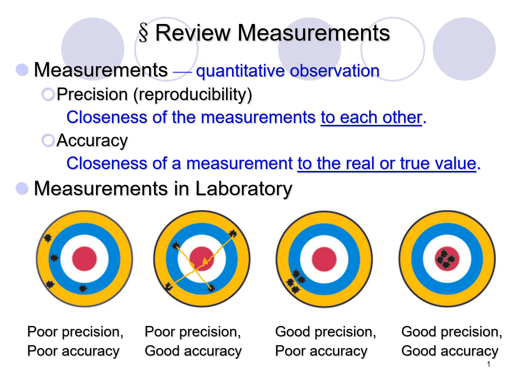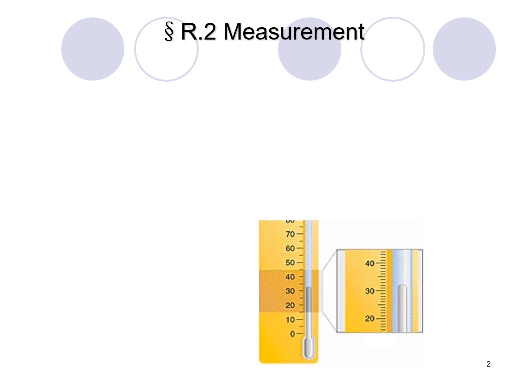Okay, the last two are the ones I want you guys to focus on a little bit, because good precision does not necessarily mean that we will have a good accuracy. This is something that I want you guys to keep in mind for a few minutes. Now let's take a measurement of temperature.